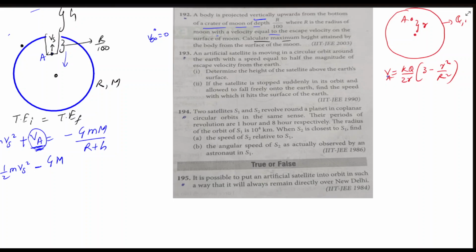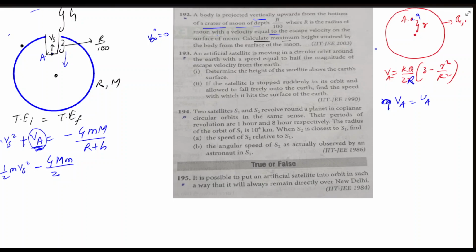And if this is V_A, of course we multiply it by the mass of the small charge to find the potential energy. So it will be small m capital M divided by 2, and this will be capital R, right?